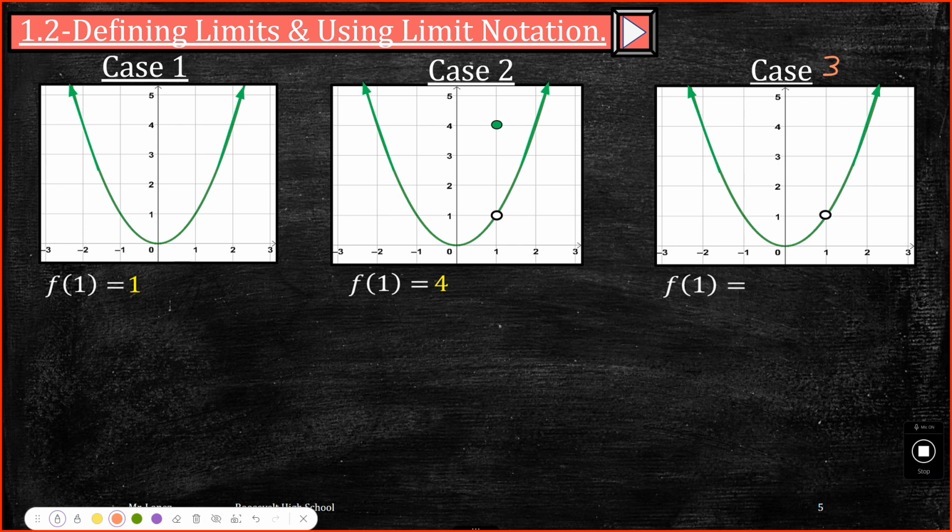Undefined is correct. It is not defined. For all we know, it's undefined.